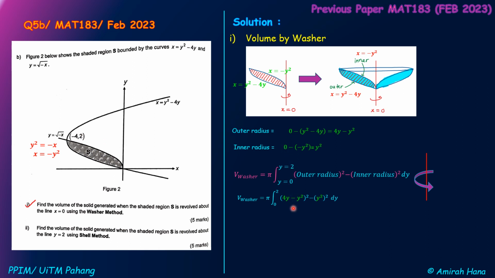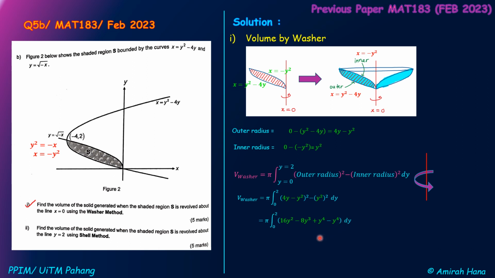After that, we expand this bracket squared. So we got pi, integrate from 0 to 2. After we expand this, we got 16y squared minus 8y cubed plus y to the power of 4. And then we have minus here. And then after we expand this, we got y to the power of 4. Right?